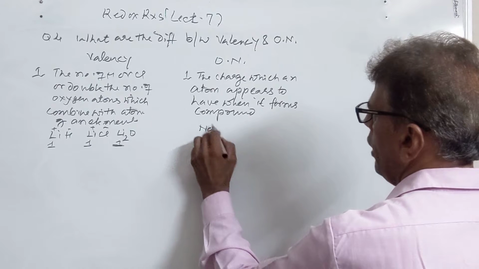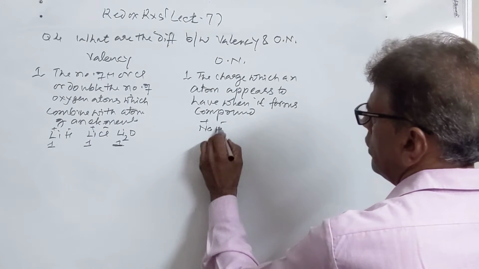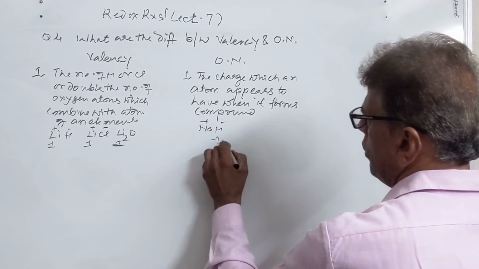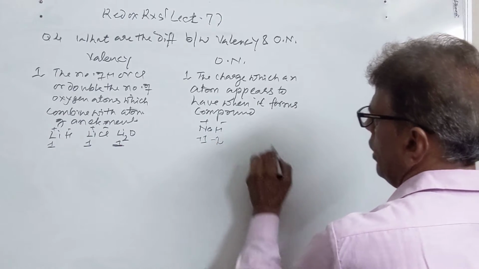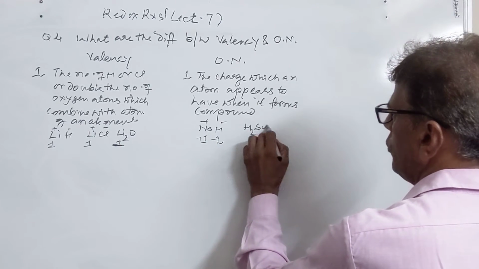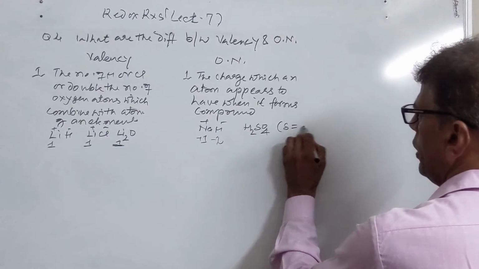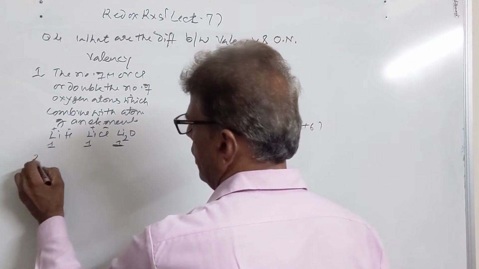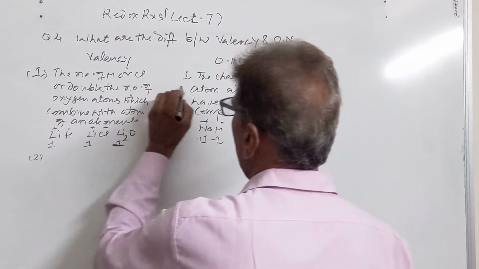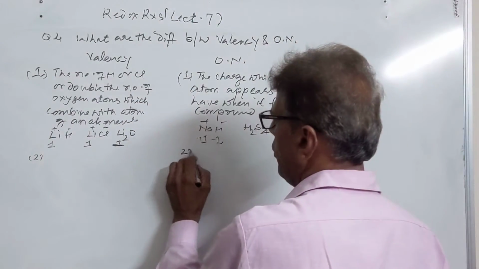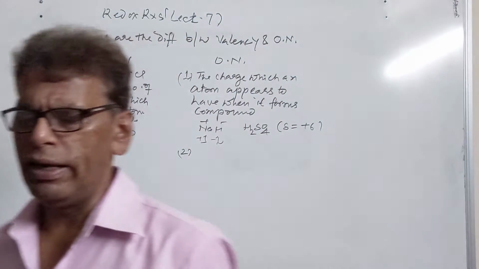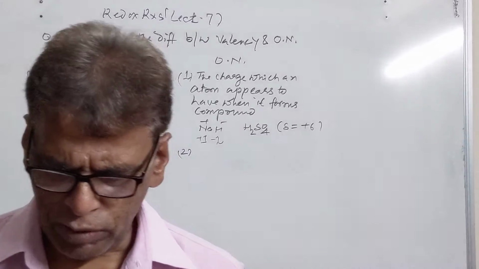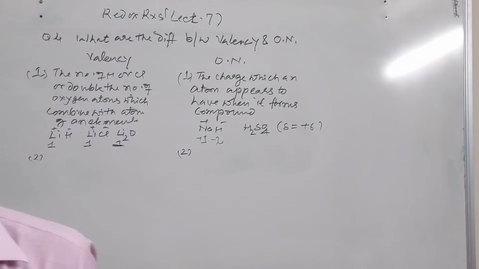For example, in NaH, hydrogen appears to have -1 charge, sodium is having +1 charge. In H2SO4, sulfur is +6. So this is the residual charge left on an atom when all the other atoms are removed from the molecule in the ionic form.